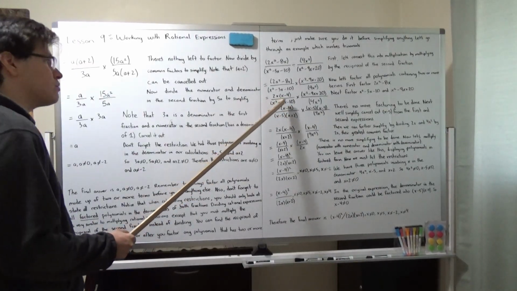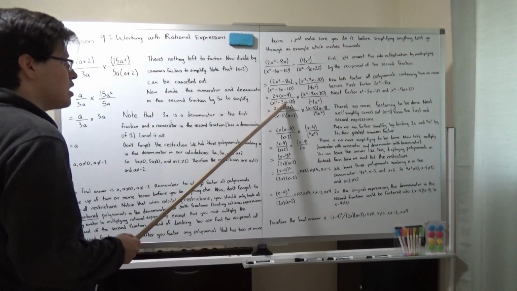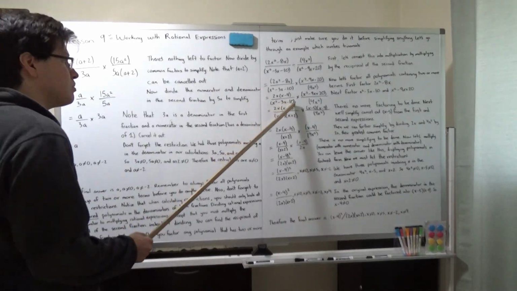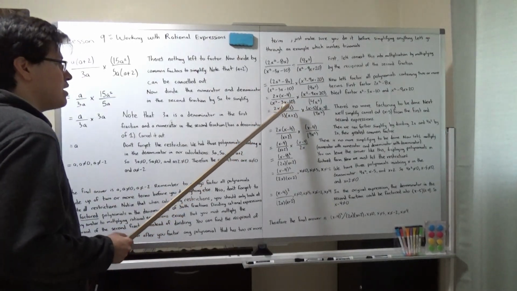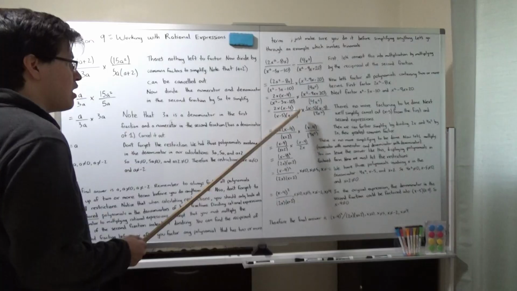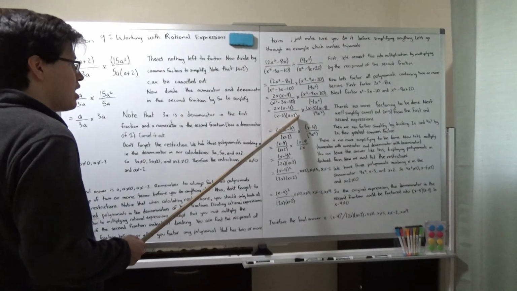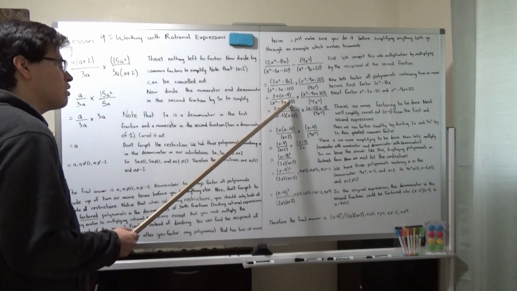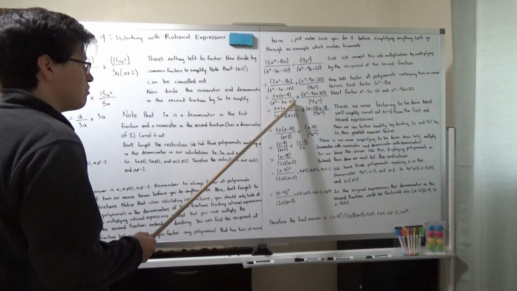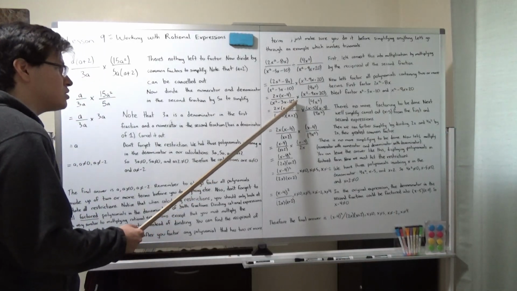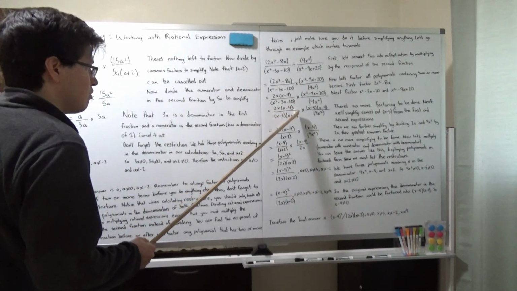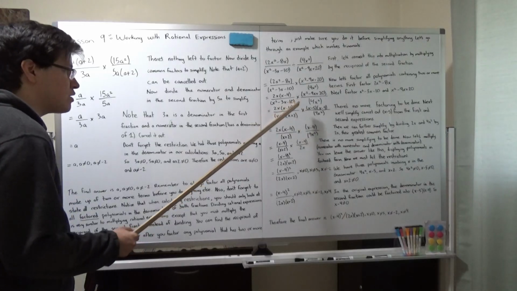We need two numbers that add up to negative 3 and multiply to negative 10. Negative 5 and positive 2 add up to negative 3 and multiply to negative 10.